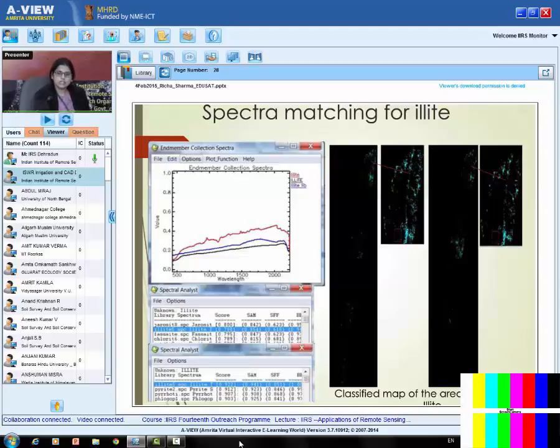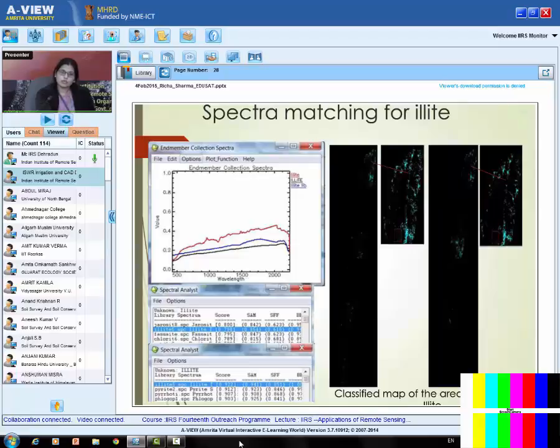I have matched this with the USGS library, and the matching has been done using the tool Spectral Analyst. When we match the spectrum we generated from the image with the spectral library, it gives us the score of that particular spectrum with respect to the ideal laboratory spectrum.